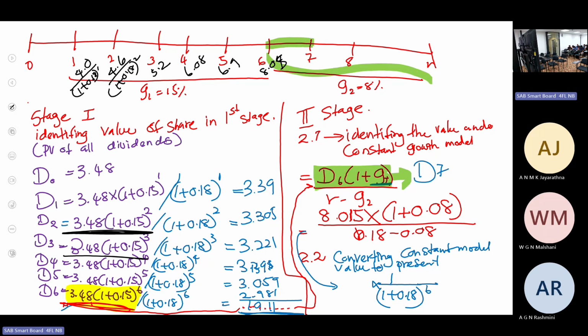This is the back. And then D6 will be, plus 0.1, divided by 7.